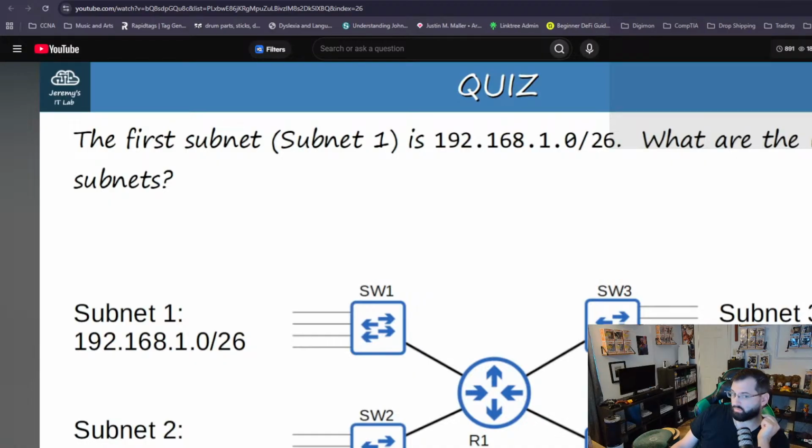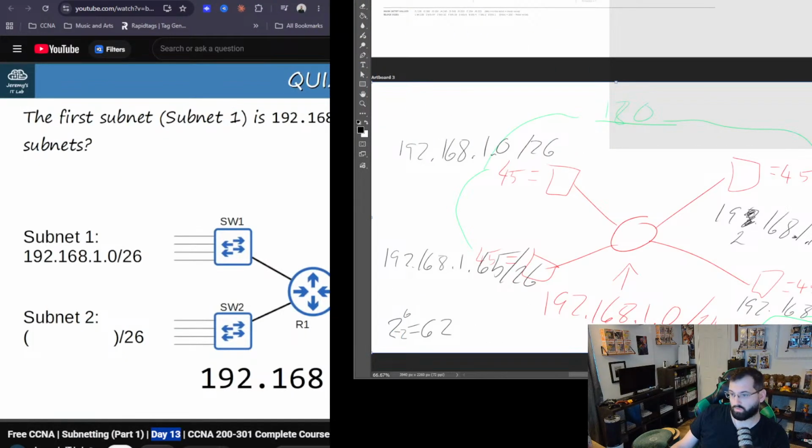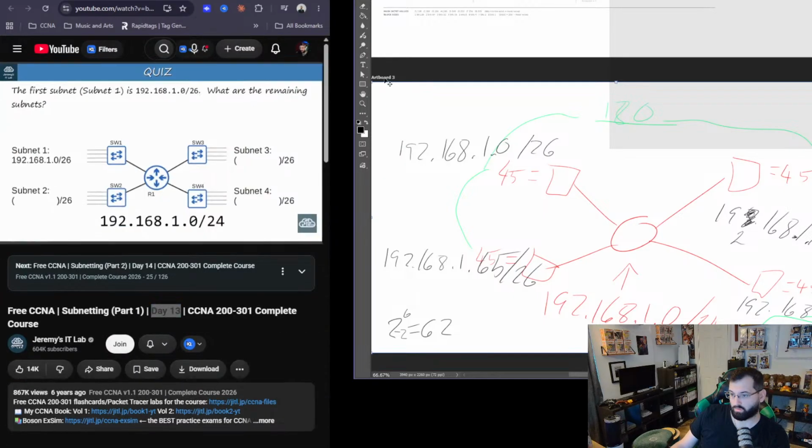And then we'll go 192.168. Oh, Photoshop, I hate you.